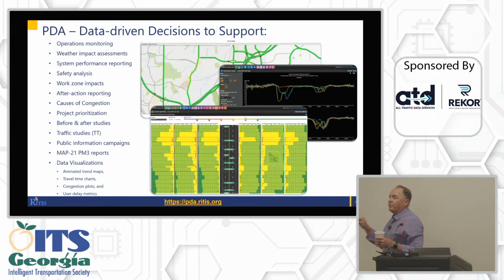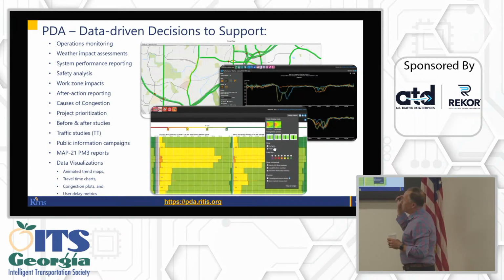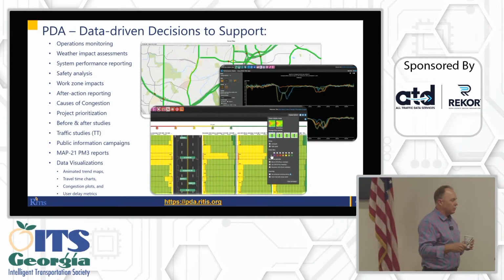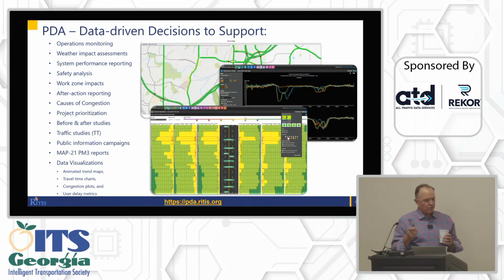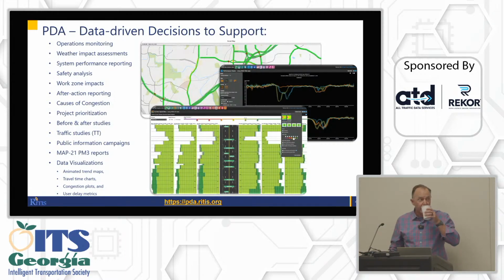What we're going to focus on today are just a couple of tools within probe data analytics. PDA is the short abbreviation that we use collectively within the CATT lab.